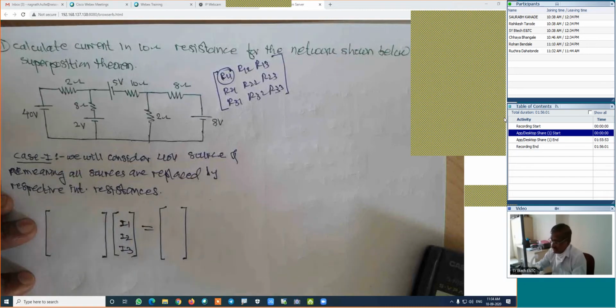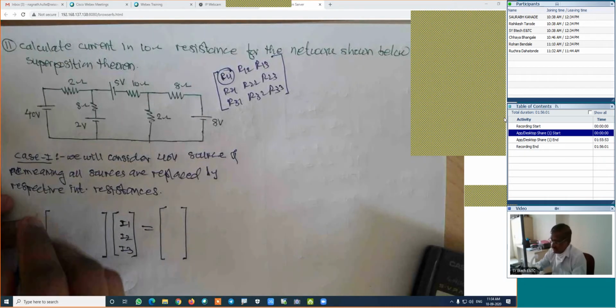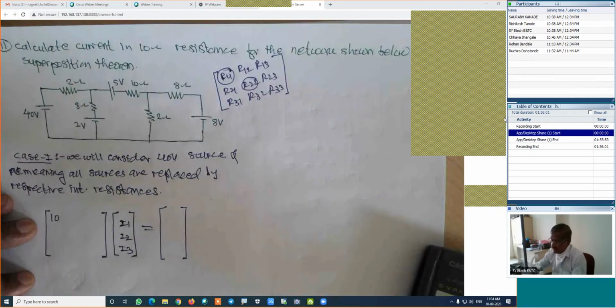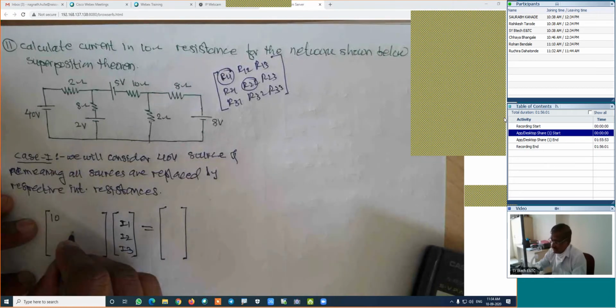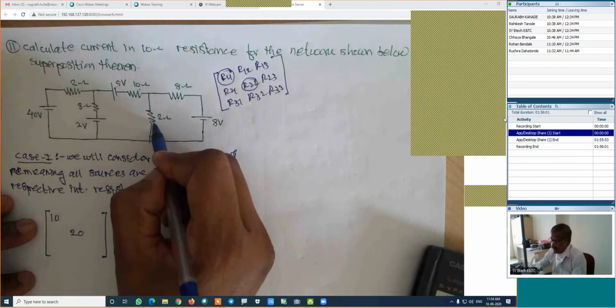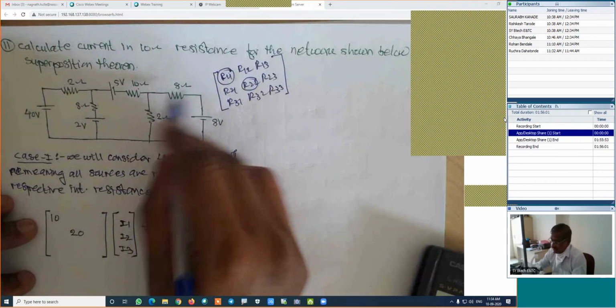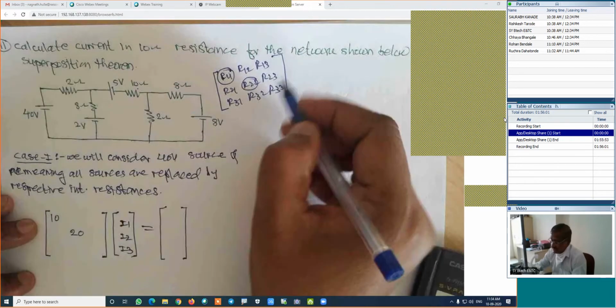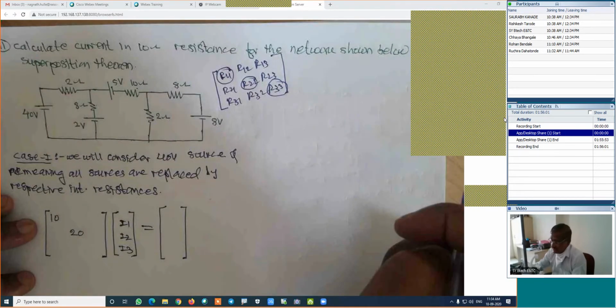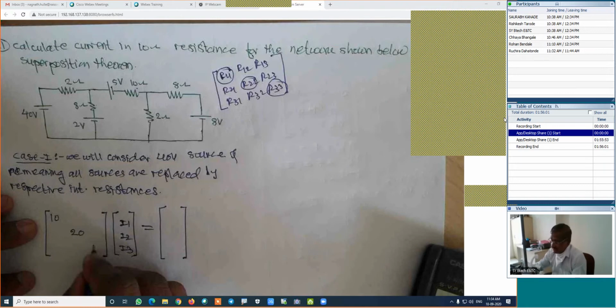It is 10. 8 plus 2 is 10. Then how much is the R22? Yes, I guess 20. Is it right? 20. This is 10 plus 2, 12, 12 plus 8 will be 20. And how much is the R33? Resistance of the third loop. 8 plus 2, that is 10.